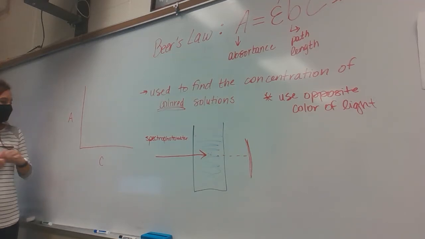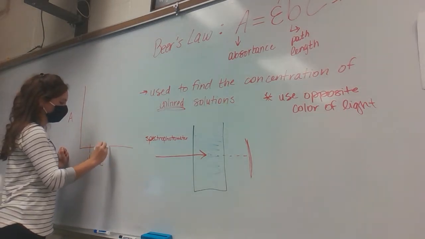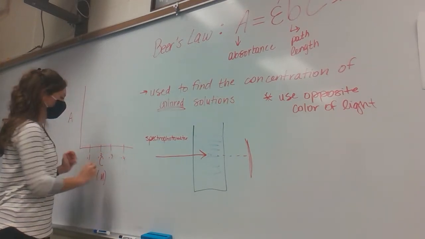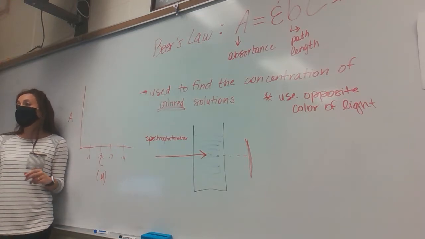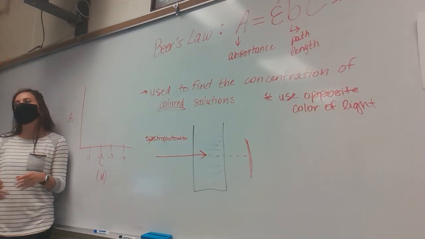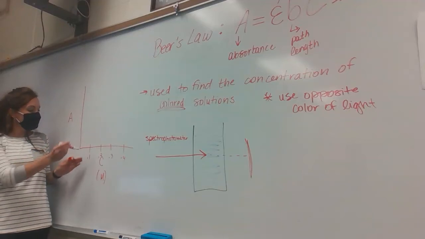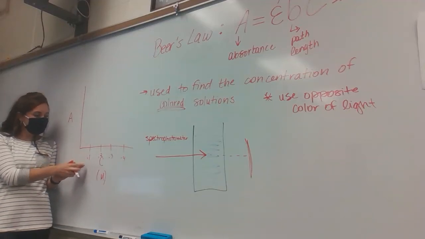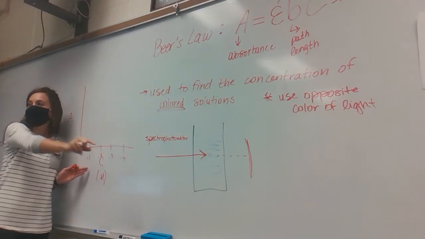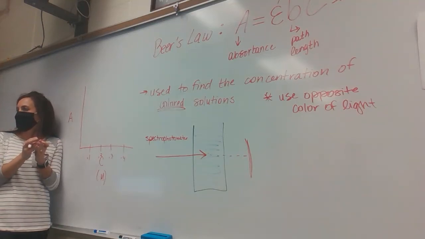You would make maybe 4 solutions with a concentration of 0.1, 0.2, 0.3, and 0.4 molar. You would know their concentrations because you made the solutions. You would measure out moles, dissolve it in volume, and find concentration. You would put your 0.1 molar solution in the spectrophotometer, and you would get an absorbance, and you'd have a coordinate on your graph. Right?